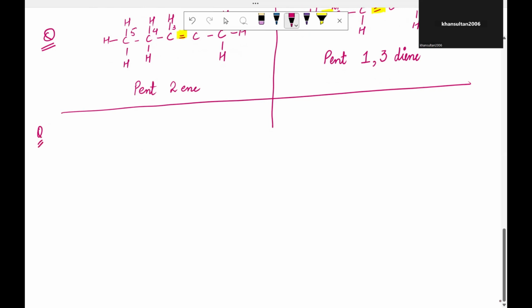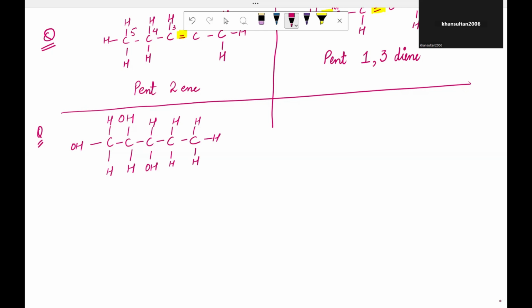Okay, so now we have five carbons. First of all, we have to see from where we are going to start numbering the carbon atoms.